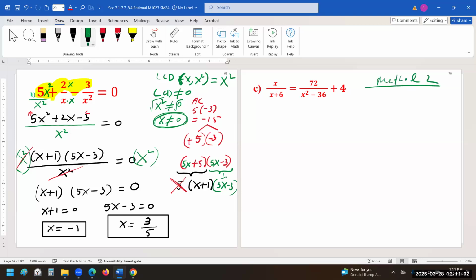So method 2, getting rid of the denominator first. No, I'm showing you a method. If you get rid of the denominator first, what happens then?